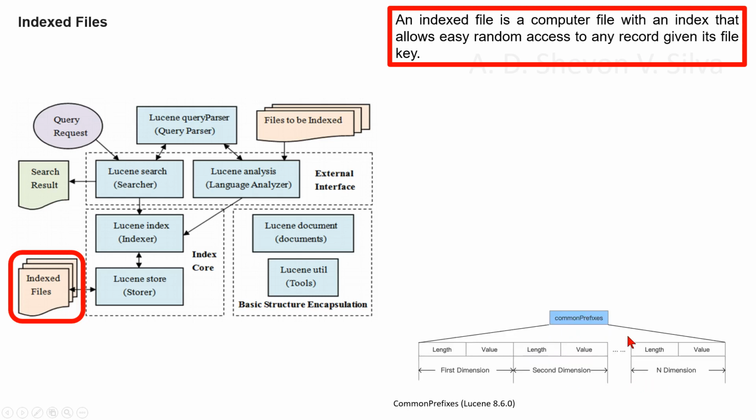Here you can see the common prefixes. Common prefixes describe the set of common prefixes for each dimension. Length and value: the value describes the common prefix value in bytes, and the length means the length of a common prefix value, the number of bytes.